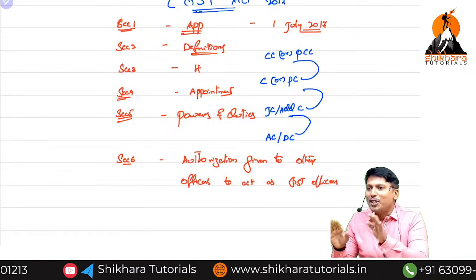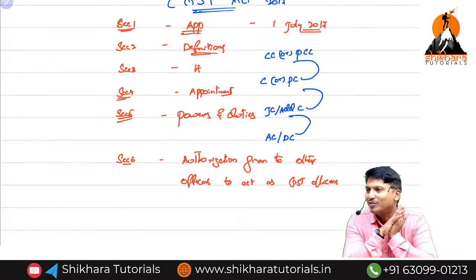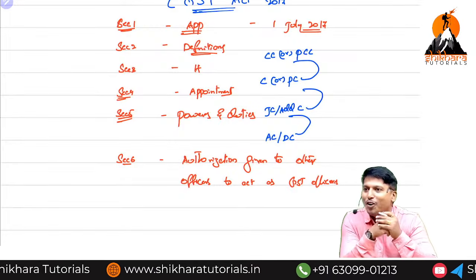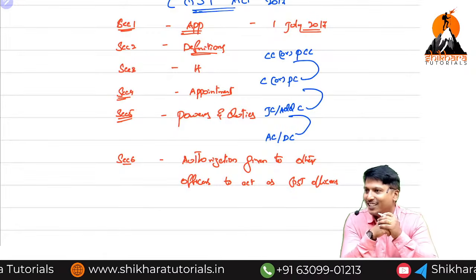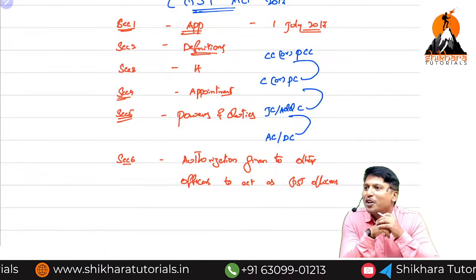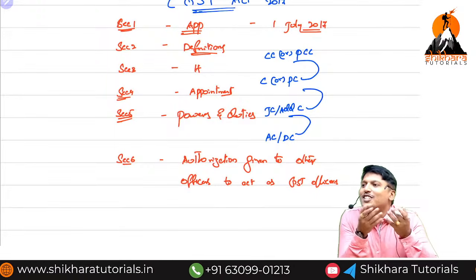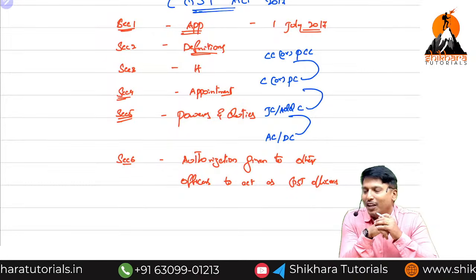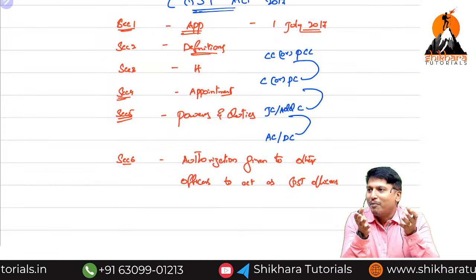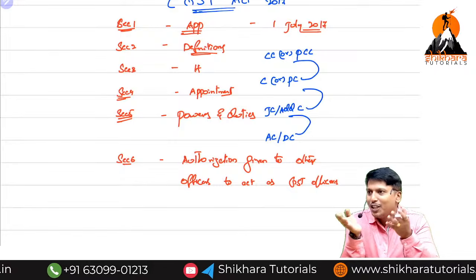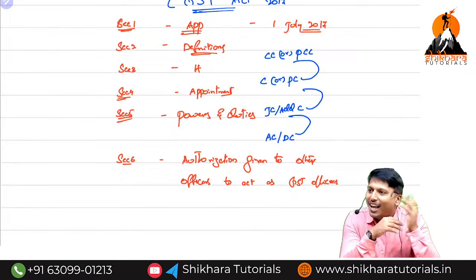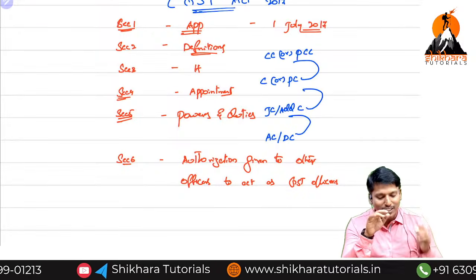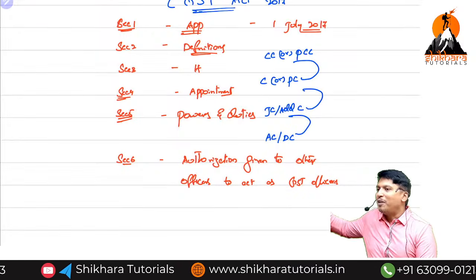If some issue has happened regarding GST and there is no GST department, then the GST department will authorize the village revenue officers or railway officers or police department officers to act as GST officers for some temporary purpose and temporary period. The person who did the crime is not going to wait until the GST department reaches the location, so they will authorize their village officers to act as GST officers. These are not there in any book.